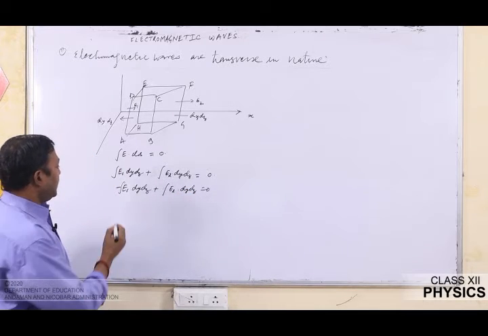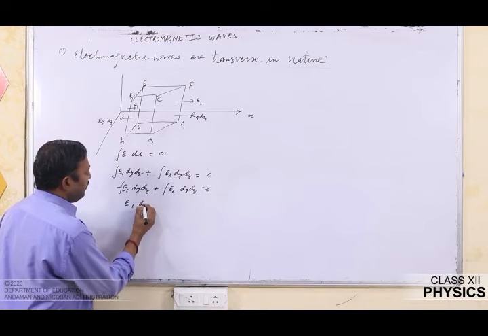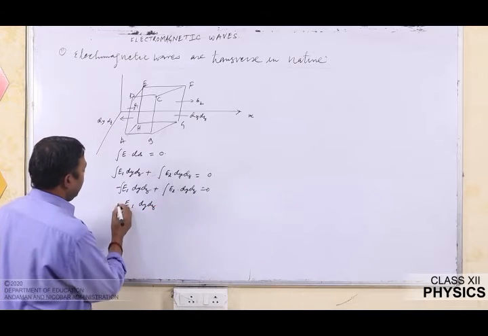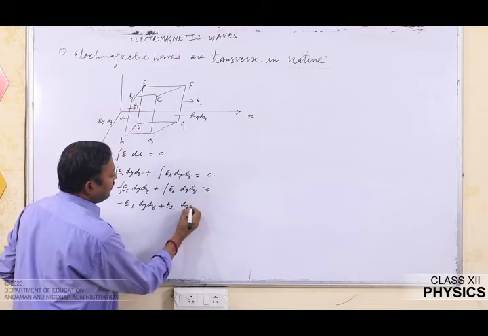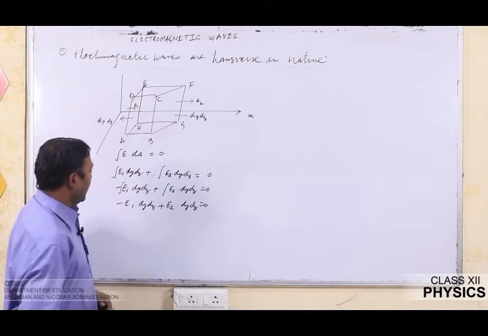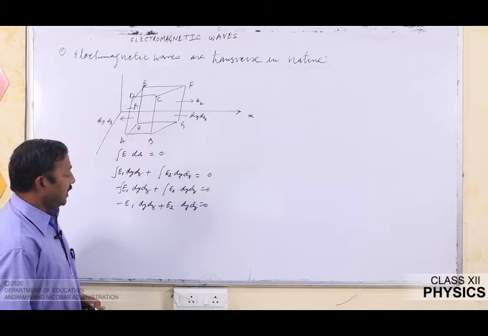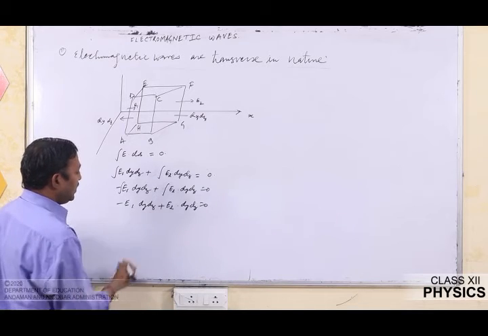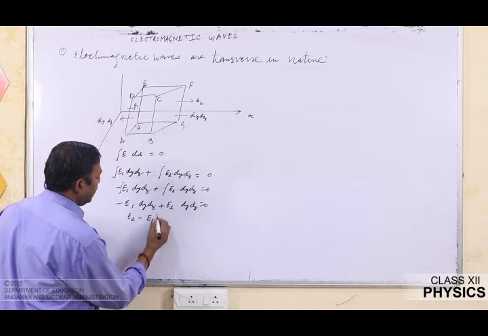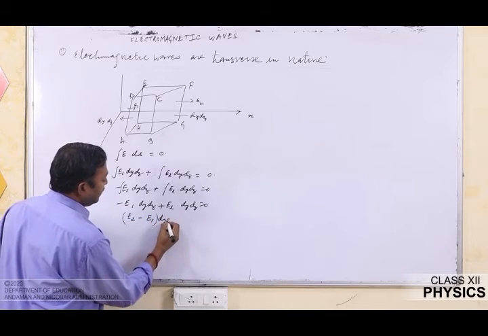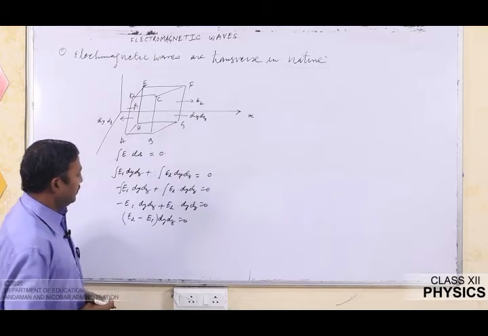Further, this can be written as E1 dy dz with a negative sign plus E2 dy dz is equal to 0. Or dy dz can be taken as common. After taking dy dz as common, you will get (E2 minus E1) dy dz is equal to 0.